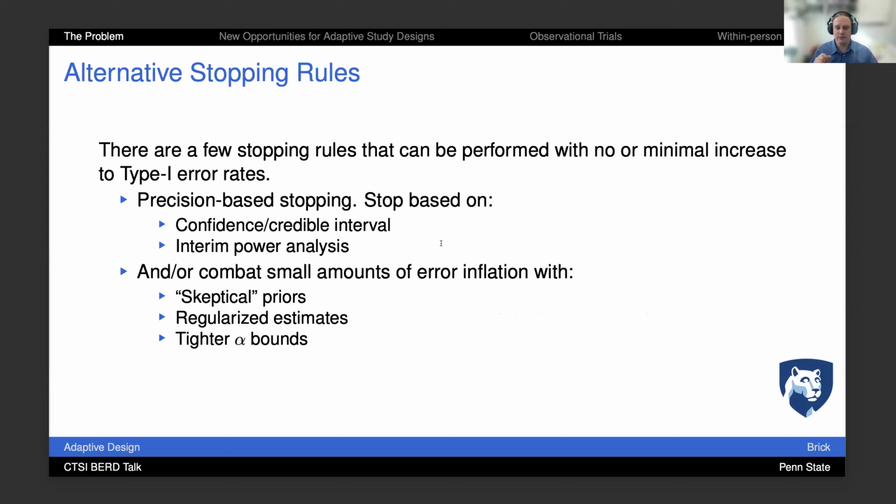There are a couple of stopping rules that you can do with almost no increase in your type 1 error rates and often very little impact on your power. The most effective of these is precision-based stopping. So stopping based on the width of your confidence or credible interval, depending on whether you're in frequentist or Bayesian land. What that says is basically we're going to keep collecting data until we know within 0.2 just how strong this effect is.